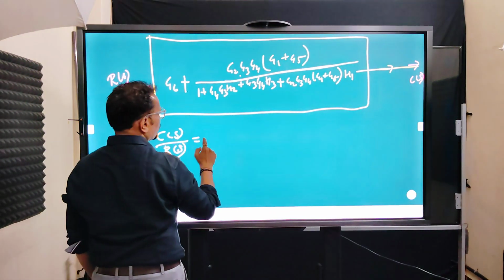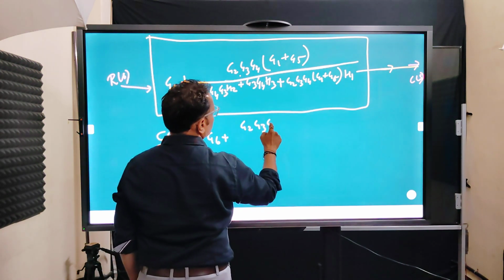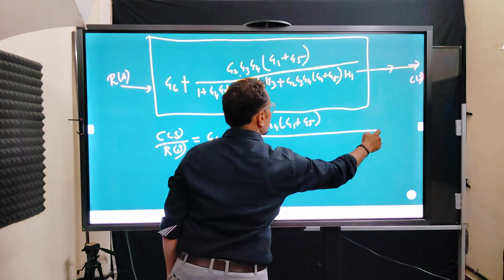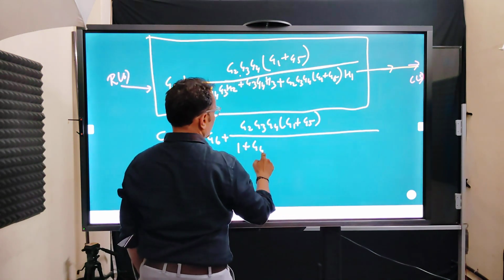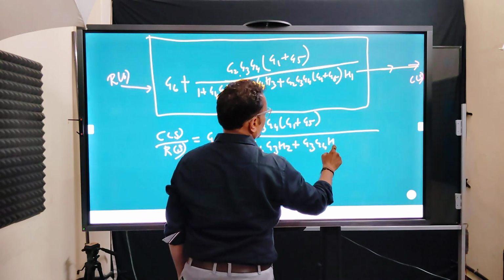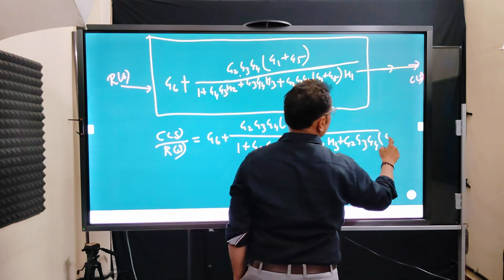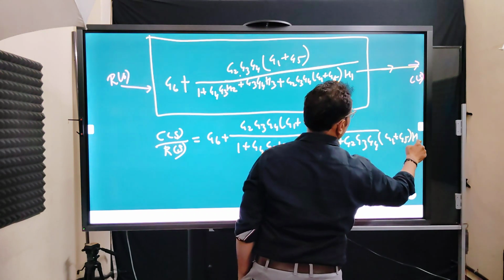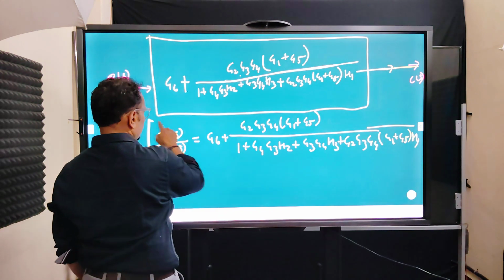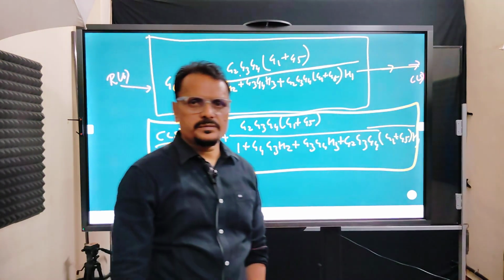So output upon input, what we have got is G6 plus G2 G3 G4 G1 plus G5 divided by 1 plus G4 G3 H2 plus G3 G4 H3 plus G2 G3 G4 G1 plus G5 into H1. This is our final transfer function.